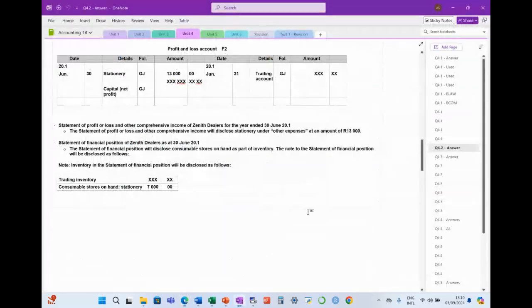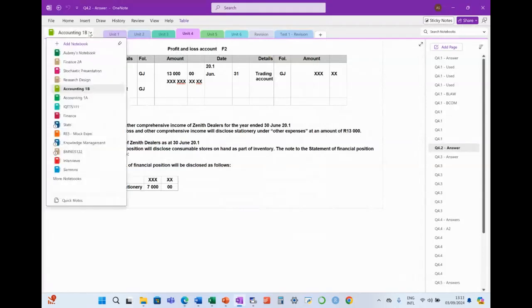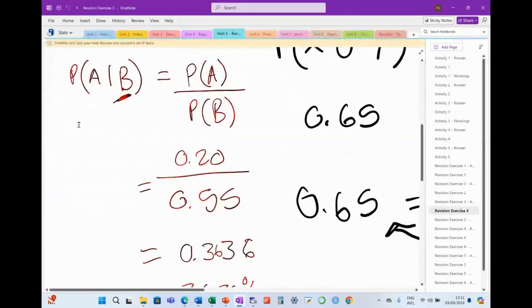That's good. So today I only have 3 exercises that I want us to do. We're still continuing with probability.